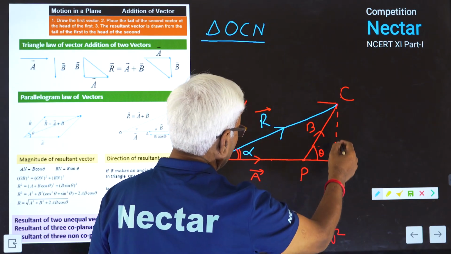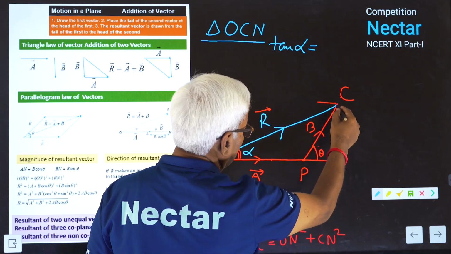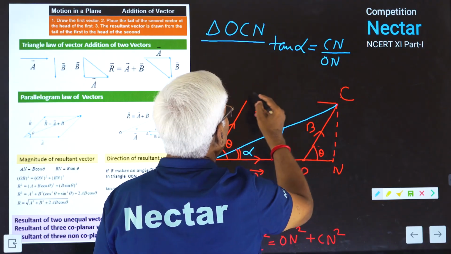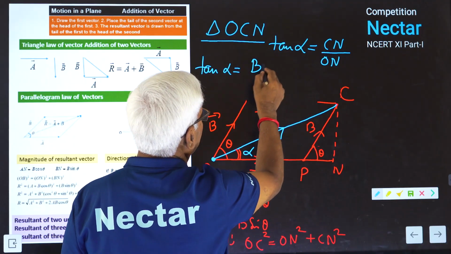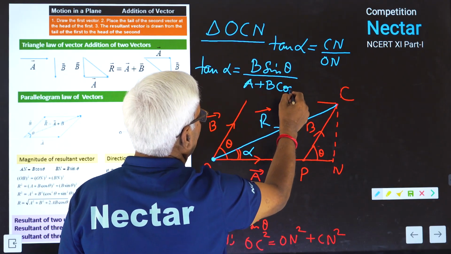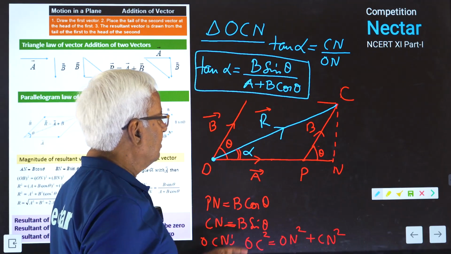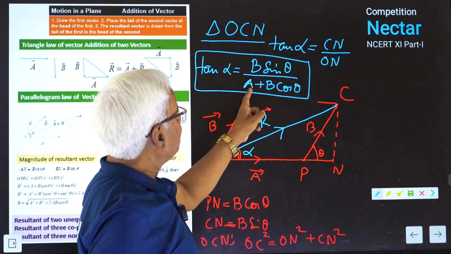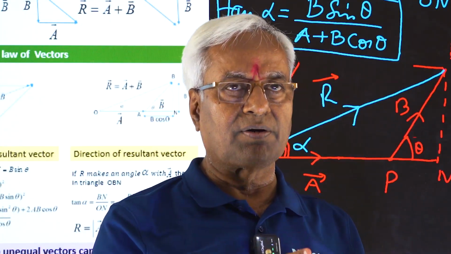In this triangle, tan alpha is equal to CN upon ON. By putting the values, in place of CN you put B sin theta, and here it will be A plus B cos theta. This is the way to find the angle of the resultant with any of the two vectors. Suppose you want to find beta, here A and B will be replaced. So we got to know the magnitude and direction, both, of the resultant.